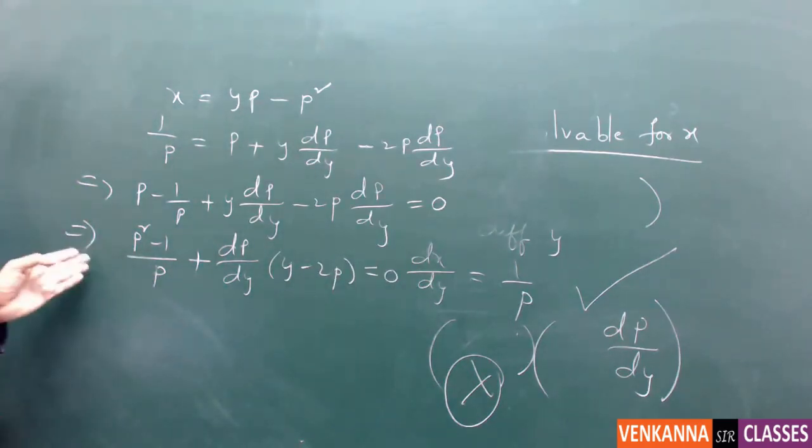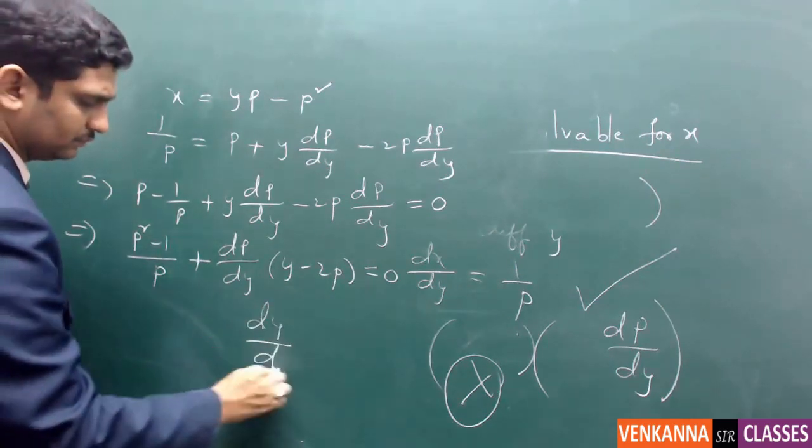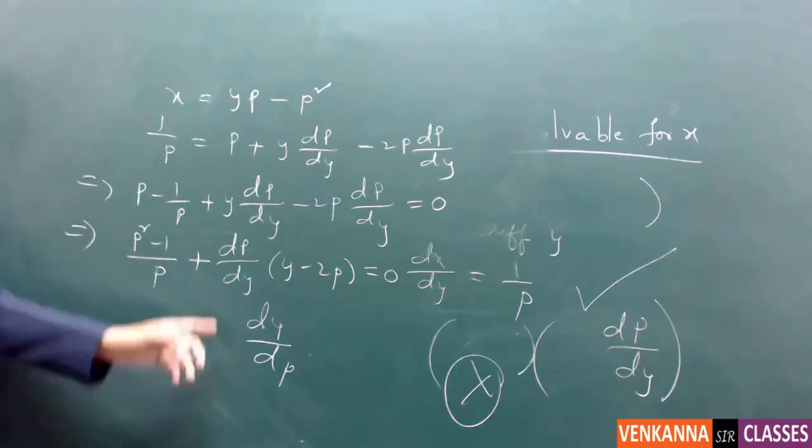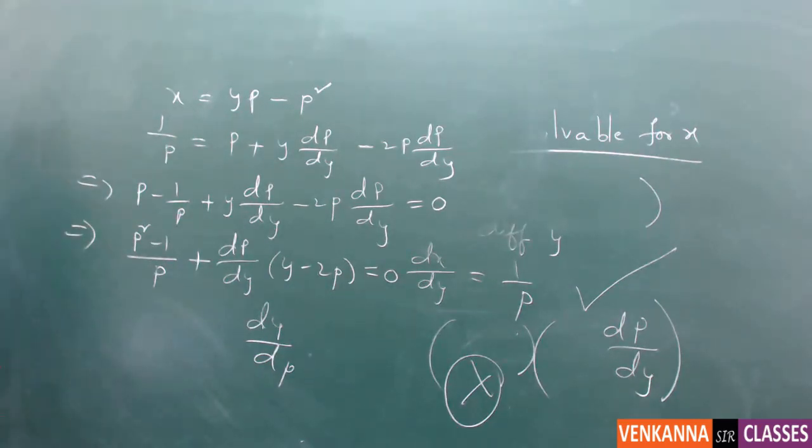You have to do further modification here, or you can convert in the form of dy by dt, so that it will come under the category of linear model and you are going to solve it. That's what I'm saying. If you solve that with the usual procedure, you should get that p is equal to c, some constant.